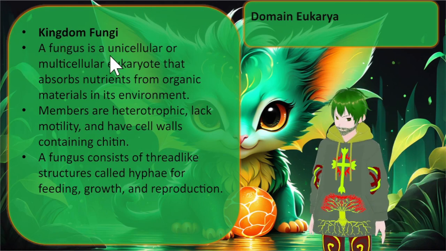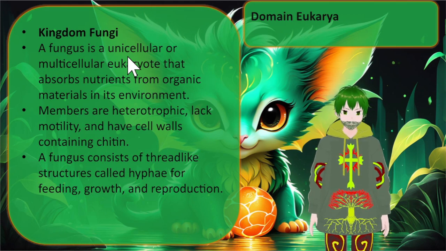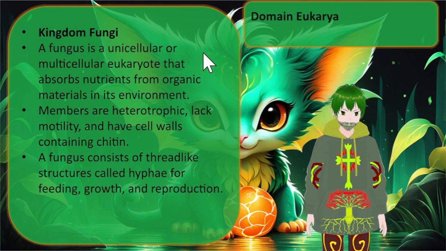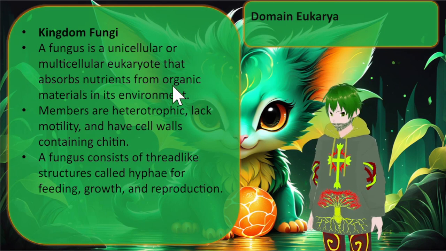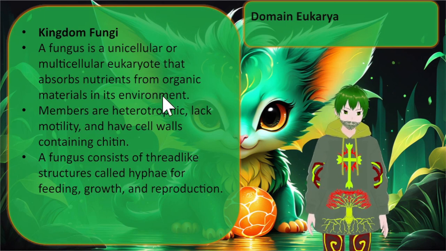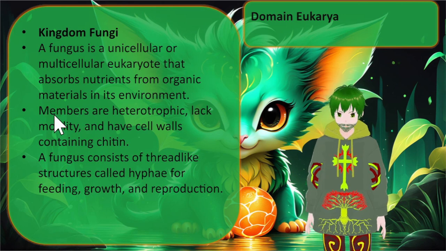Now, Kingdom Fungi is a fun kingdom because it's ruled by a fungi. Ha ha ha. So, a fungus is a unicellular or multicellular eukaryotic organism that absorbs nutrients from organic materials in the environment. And it can be living organic materials or non-living organic materials in the environment.